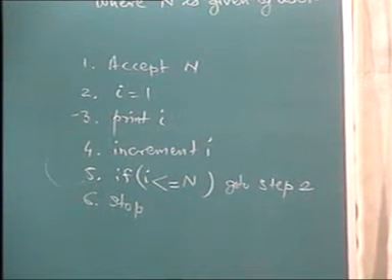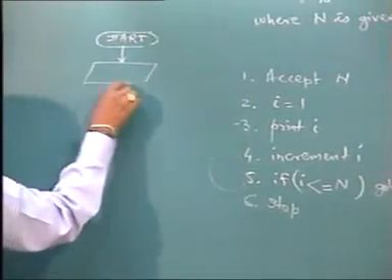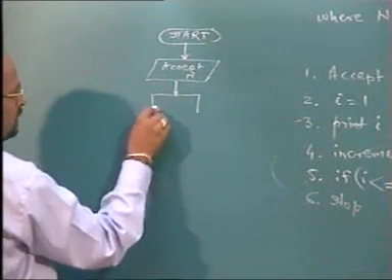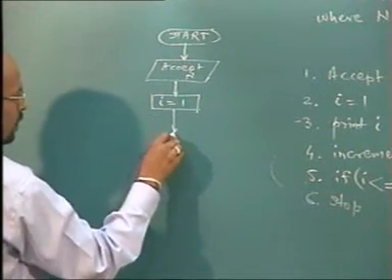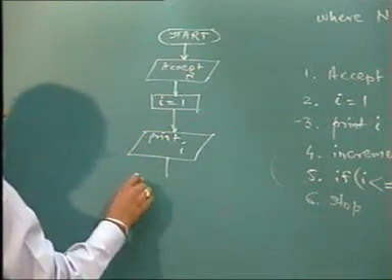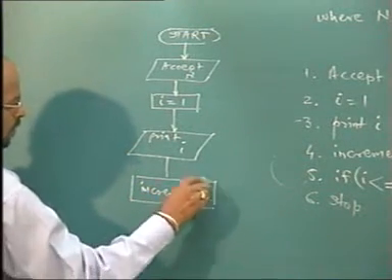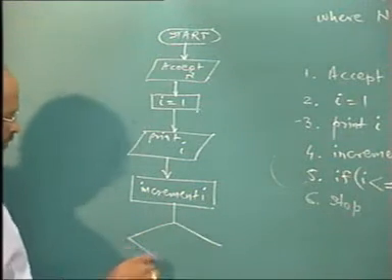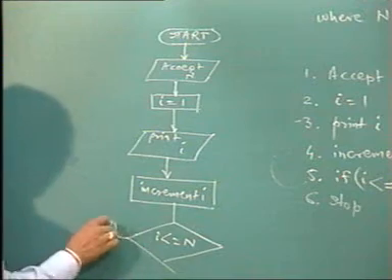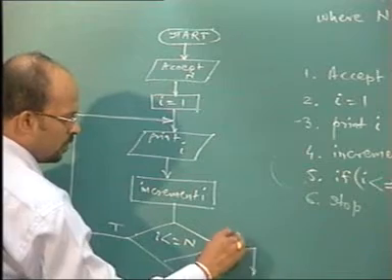The flowchart in this case will look like this: start, accept n, assign 1 to I, you will say print I, you will say increment I, then there will be a check, I less than or equal to n, true, false, stop.